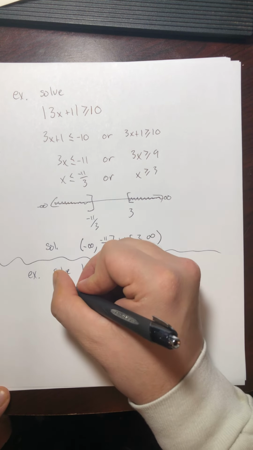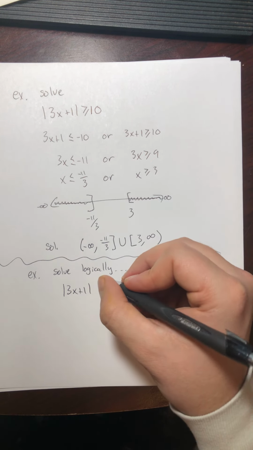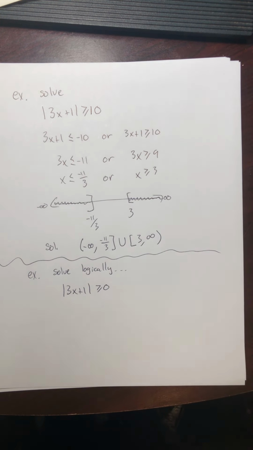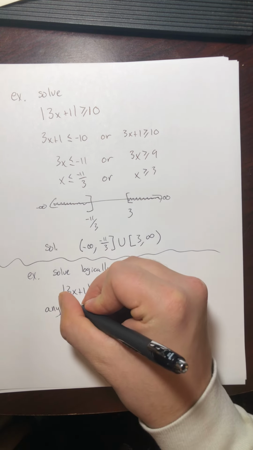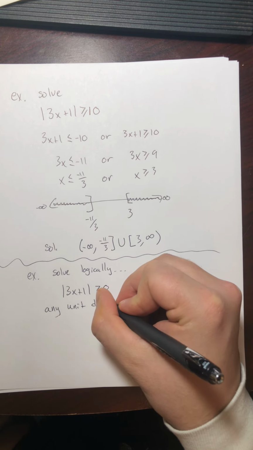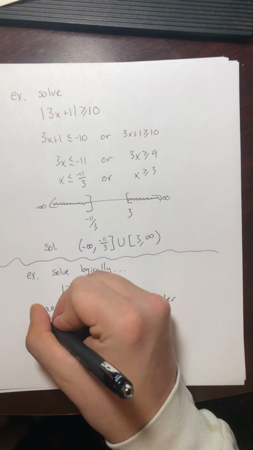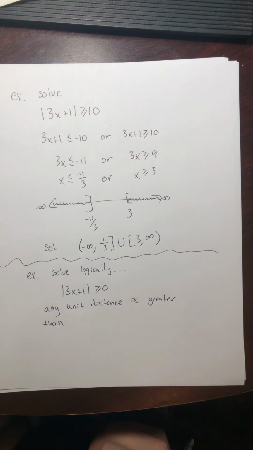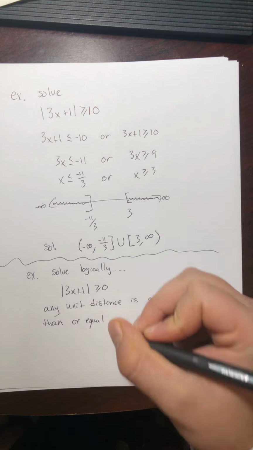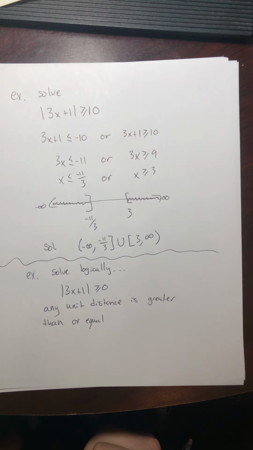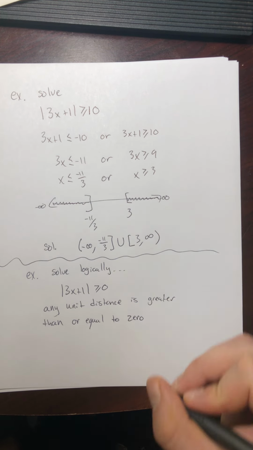Okay, I jumped the gun just a few minutes ago, and I said the absolute value of 3x plus 1 greater than or equal to 0. Let's solve that logically. We can just cite the definition of absolute value. Any unit distance is greater than or equal to 0, and all that's saying is distance is non-negative.